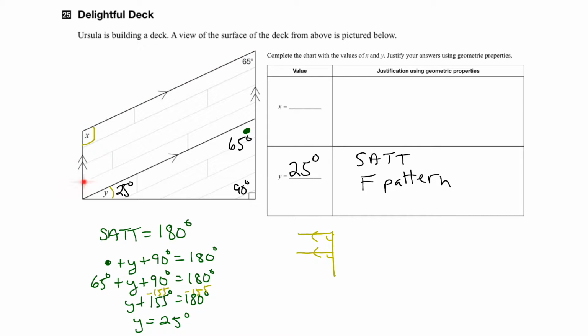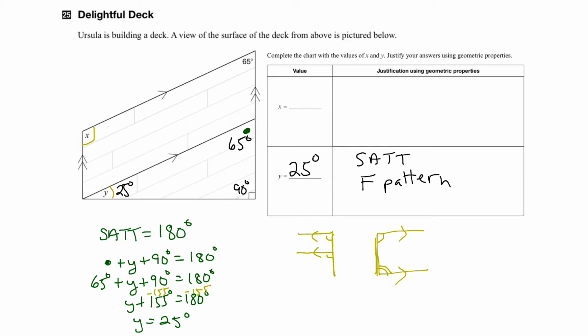And another pattern that we look for is called the C pattern, if I look at this part here. And the C pattern, if we have it here where these two lines are parallel, and we have this line which is kind of joining the two parallel lines, this angle here plus this angle here add up to 180 degrees.